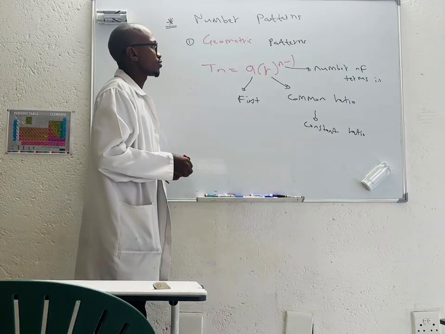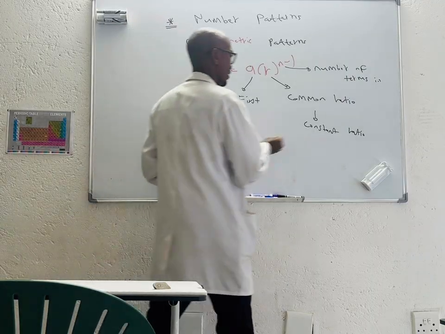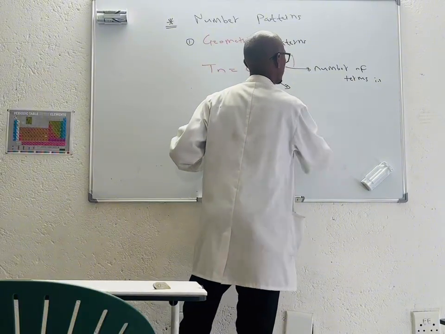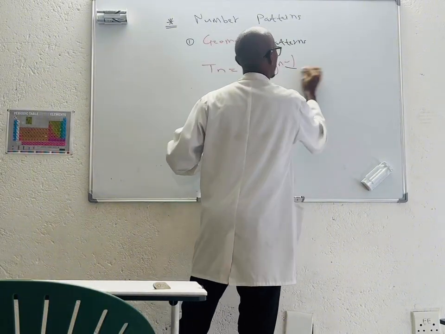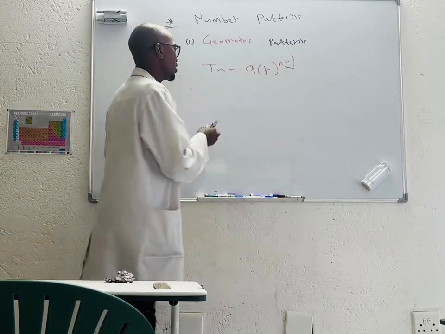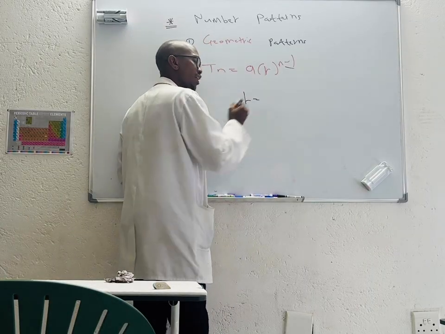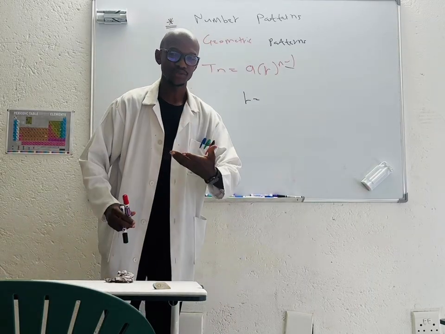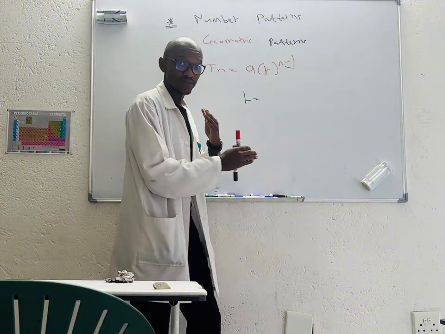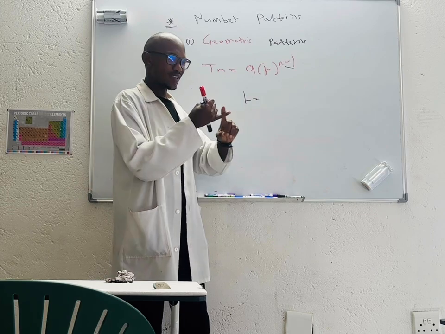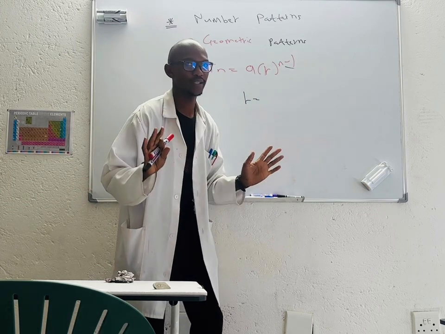Okay, now let me just try to show you how we can work on this. Imagine we are looking for this R. R we said is the common ratio or the constant ratio, right? So with linear, the goal is to add and subtract, right? But with this one, we either multiply or divide. You get it?